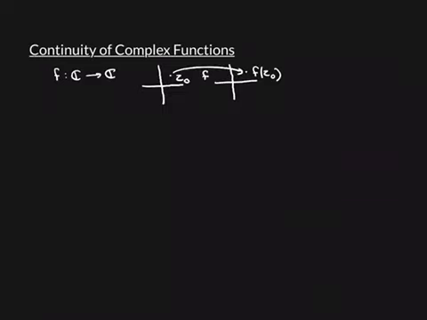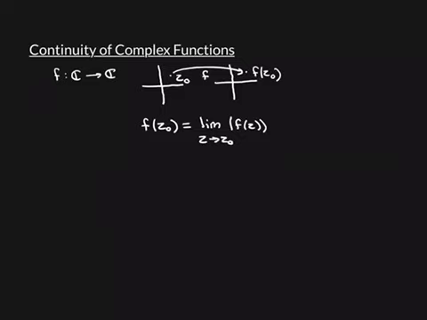So the function f is said to be continuous at this point z0 if the value of the function at z0, f of z0, is equal to the value of the limit of the function as z approaches z0. So this is the condition. The actual value of the function evaluated at z0 needs to equal the limit as z approaches z0 of f of z.